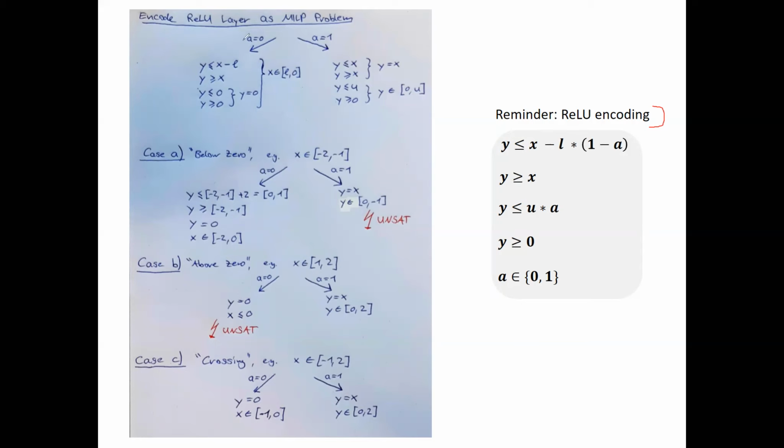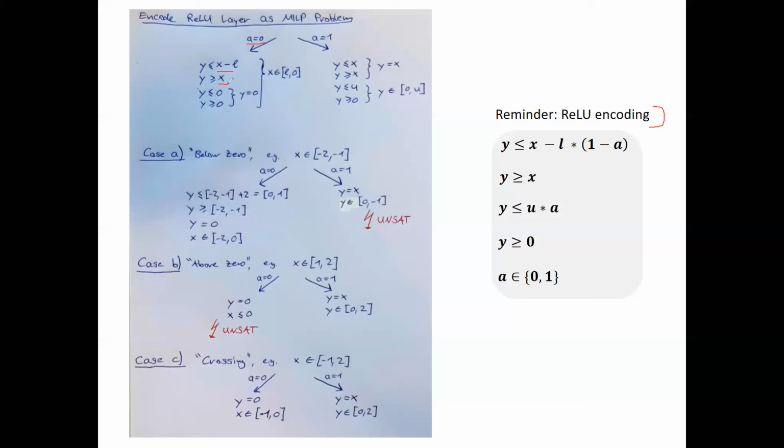Let's take the case of A equal to 0 over here, top left. So if A is equal to 0, we are going to get 1 minus 0 right here. So you're going to end up with y is less than or equal to x minus l, y is greater than or equal to x. Well, we just copy this.